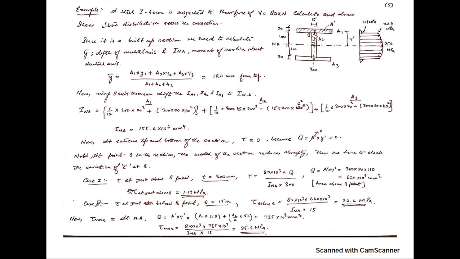I have taken two cases, just above point B and just below it, because there is an abrupt change in the cross section. Just above point B, the thickness of the section is 300 mm, and just below point B the thickness abruptly changes to just 15 mm. So there will be a huge change in the shear stress value.